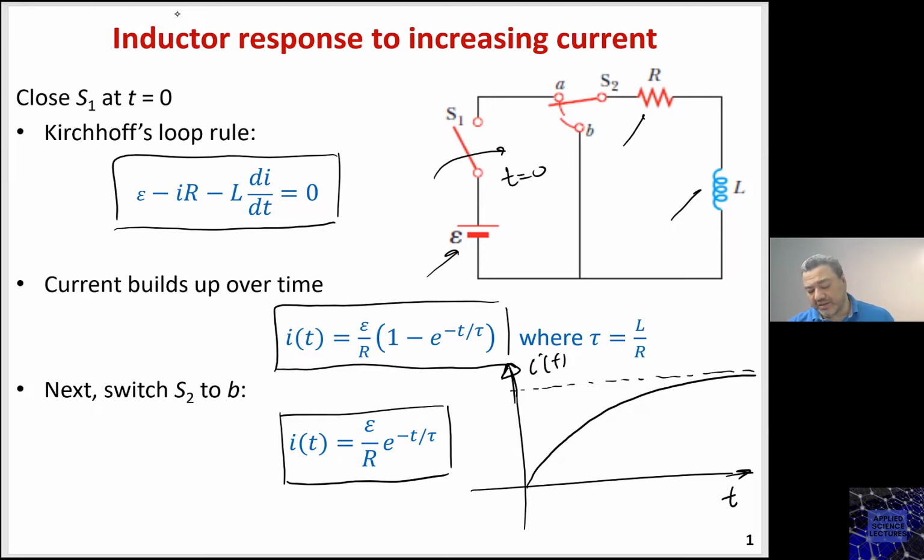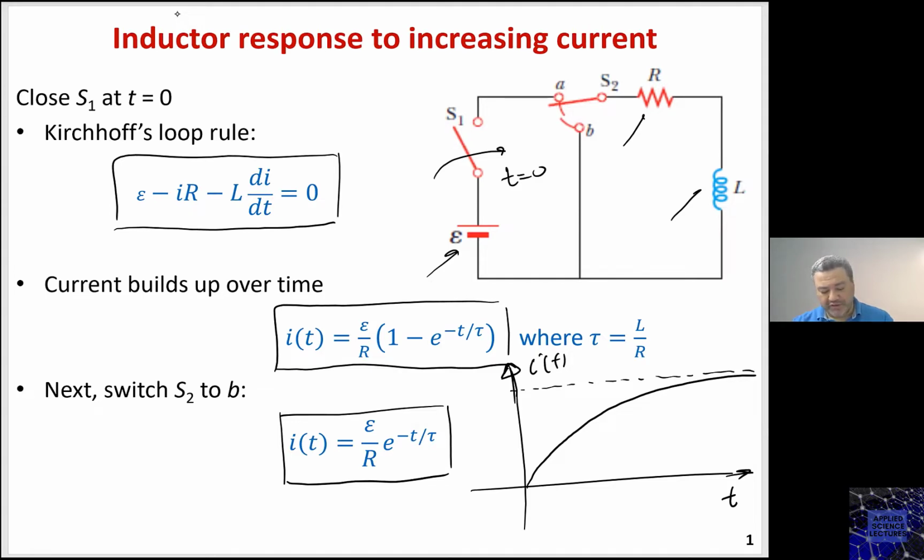In this case, the inductor will be replaced with a current source such that the current at that moment equals the current that was going through the inductor when the switch was at A for a long time.